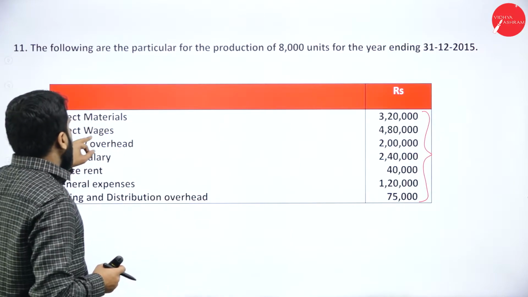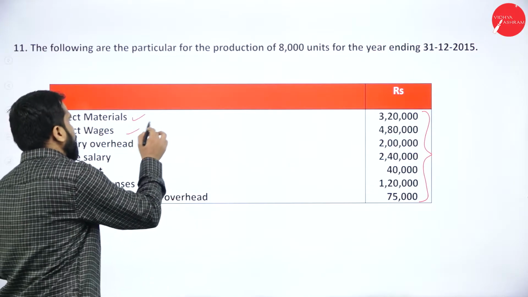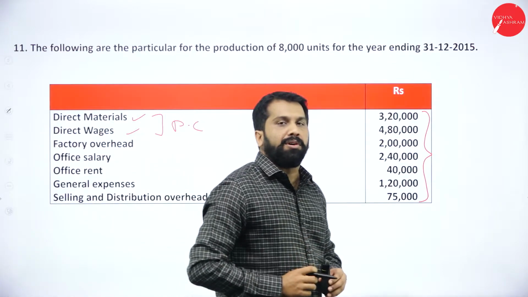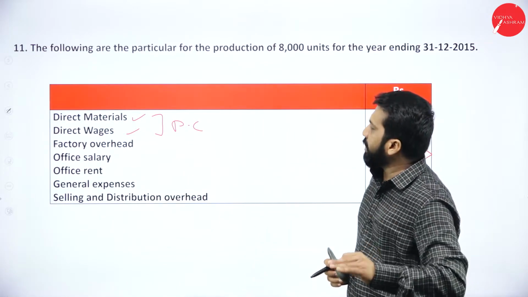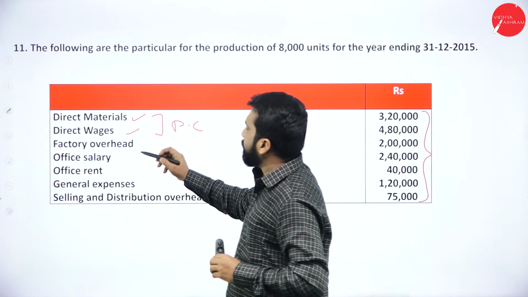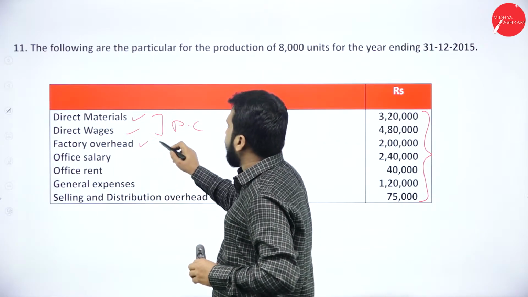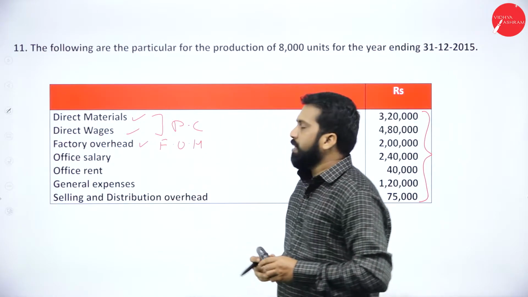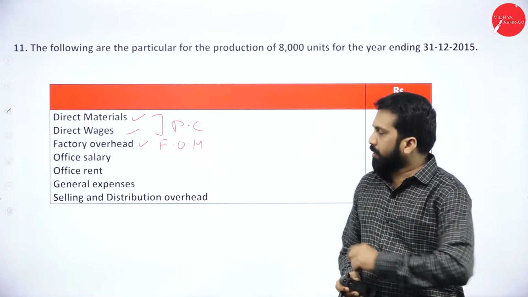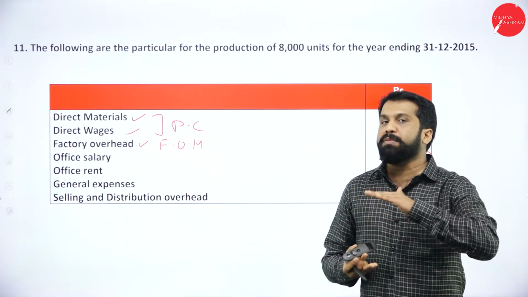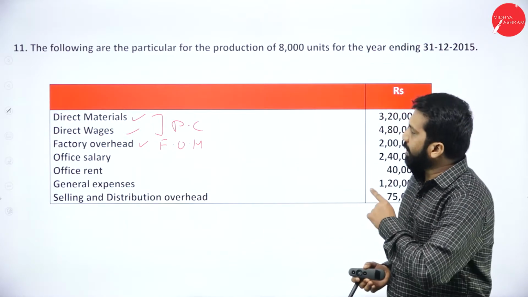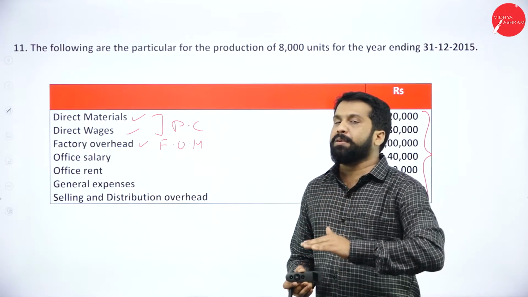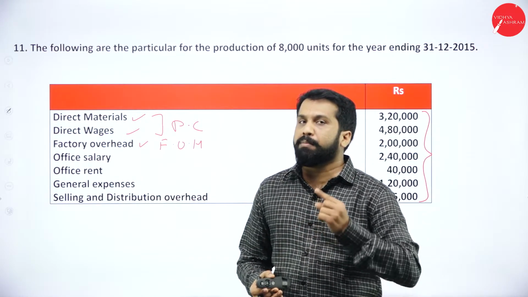Now, you have direct material and direct wages. You know that these two will come under prime cost. Once you're done with your prime cost, you will be asked for factory overhead. This will be factory overhead. See, if the problems are on quotation, the problem won't be lengthy, it will be smaller. Whatever information they give is very limited, but the concepts are more.